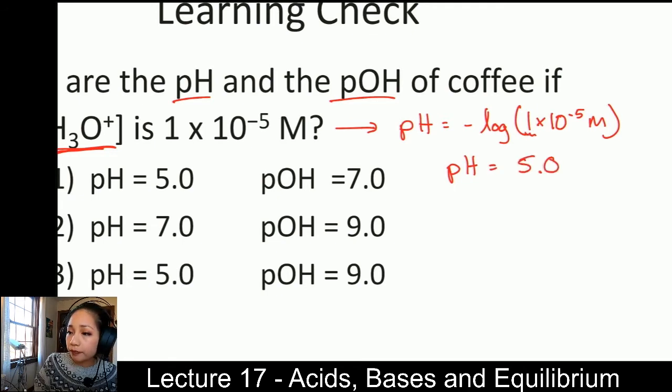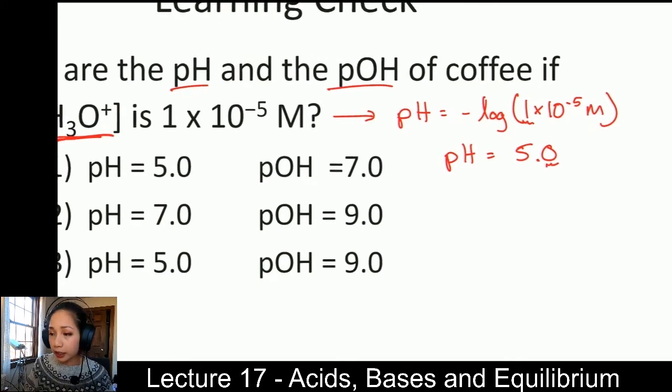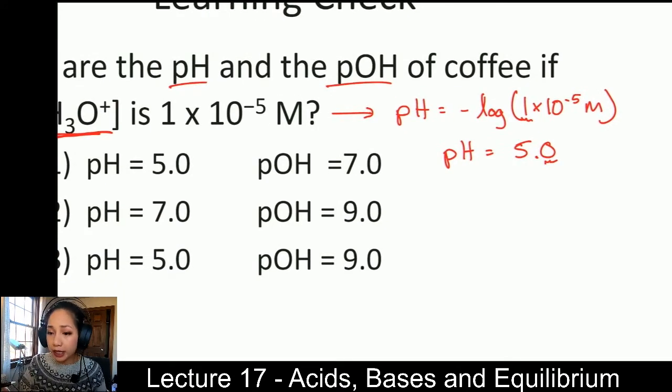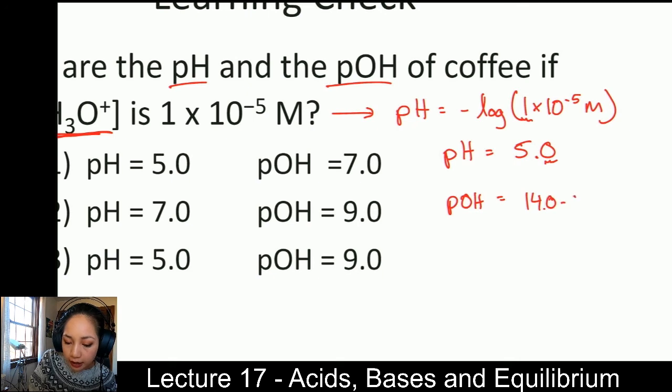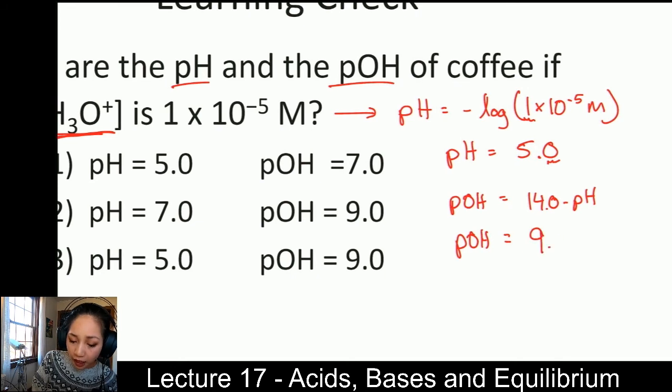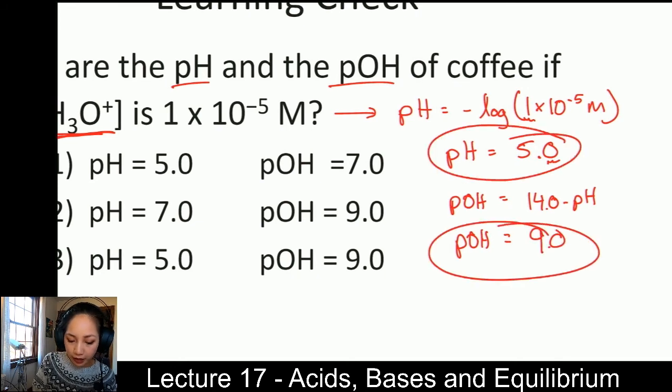Since there's 1 sig fig in our molarity, there should be 1 decimal place in our pH. So we have the pH, and we can easily get the pOH. pOH is just equal to 14 minus pH that we just calculated. So pOH is just the difference. 14 minus 5 is 9.0.